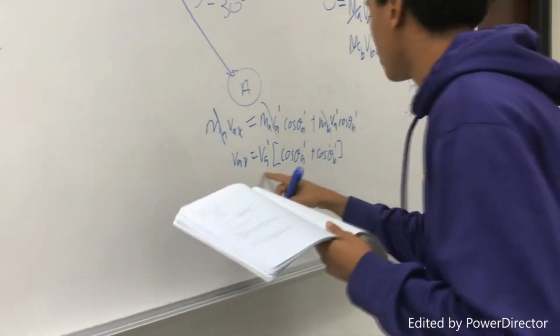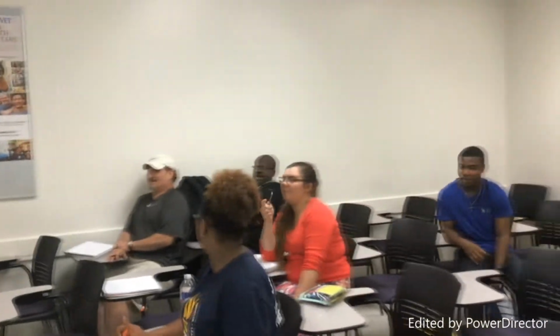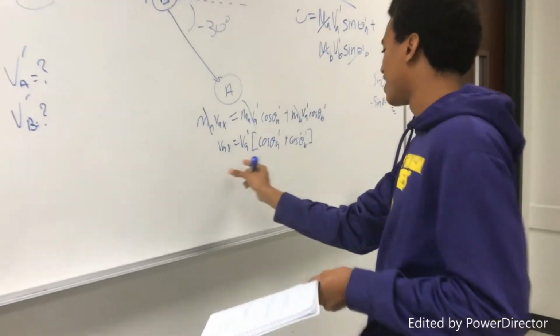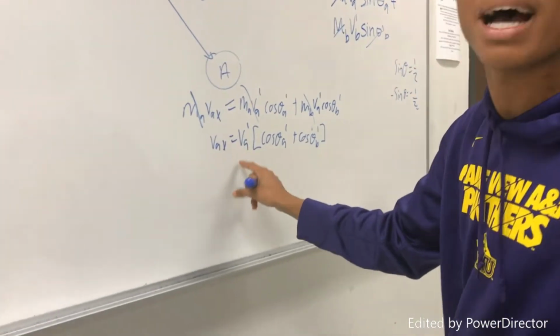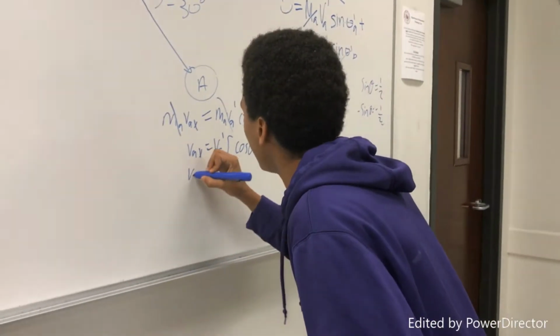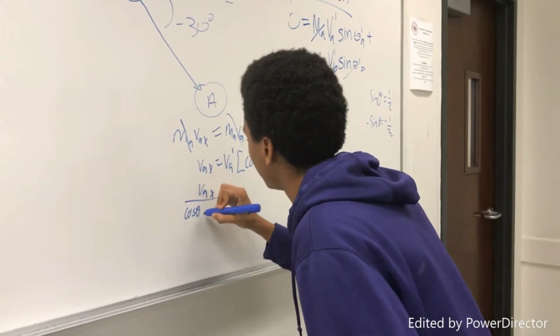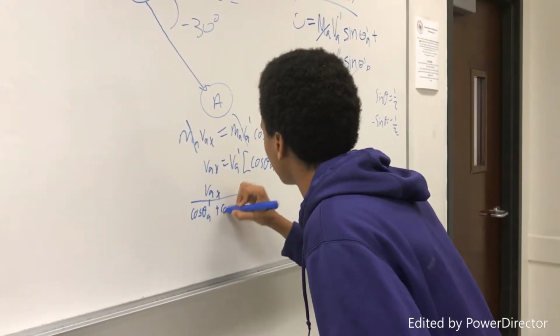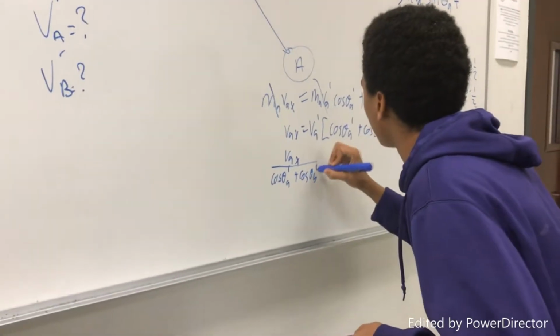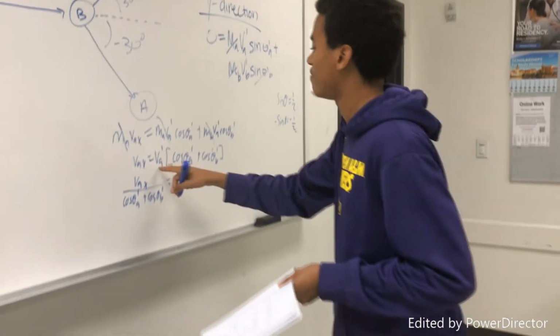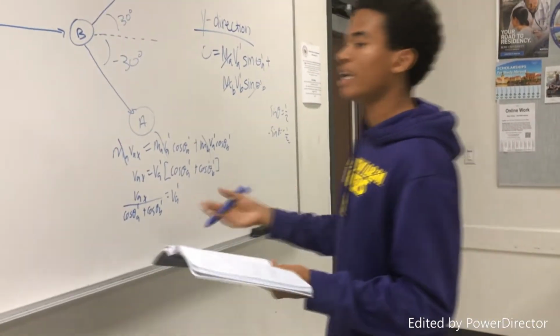So to find VA prime by itself, what do we do, class? Come on, you should know this. We're going to divide by the cosine terms, so we have VAX over cosine theta A prime plus cosine theta B prime equals VA prime. Now we just plug in our variables.